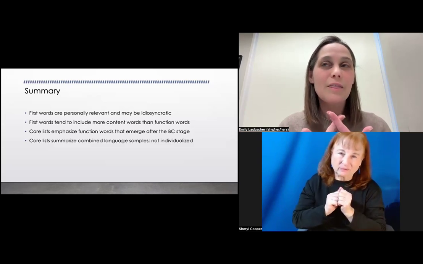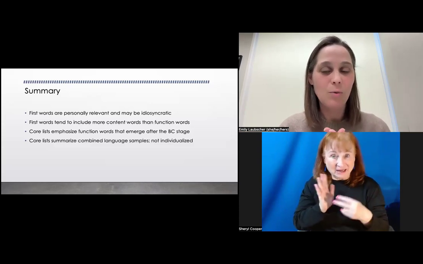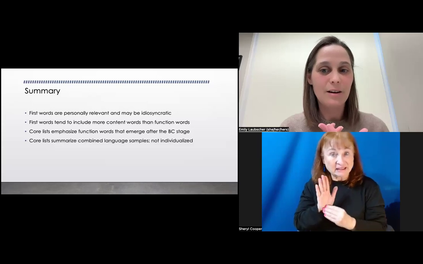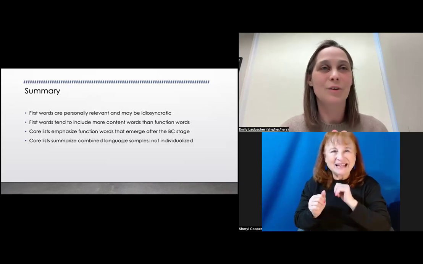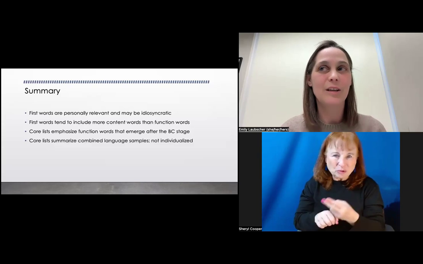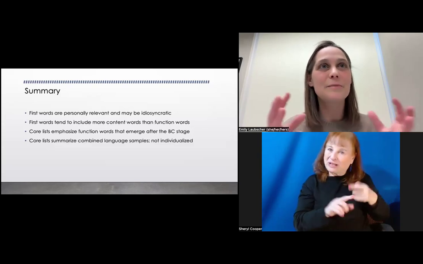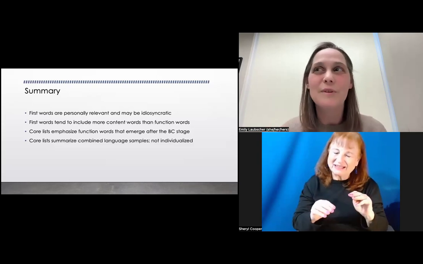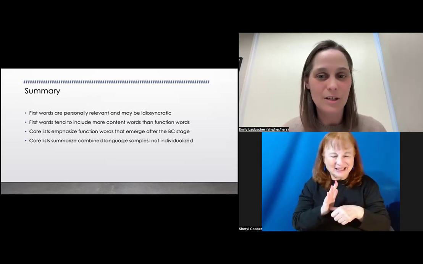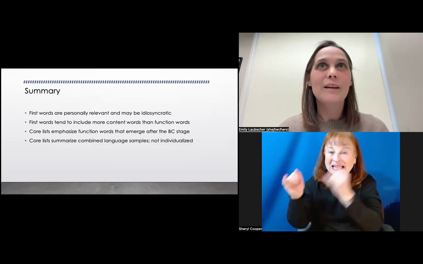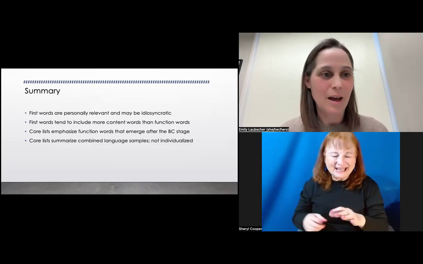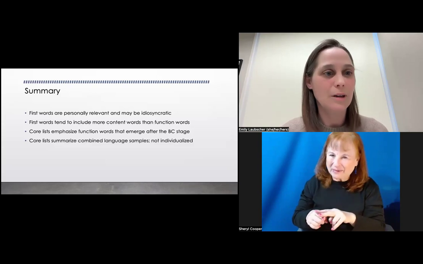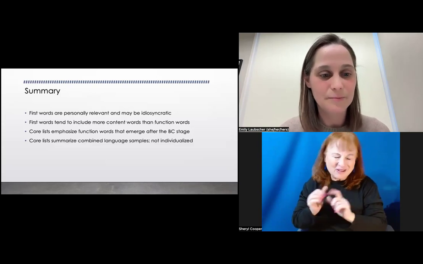So that means that these core word lists are not reflecting the words used by a particular individual child. These methods lose that emphasis on individual variation and the uniqueness of early vocabulary that's such a hallmark of first words.